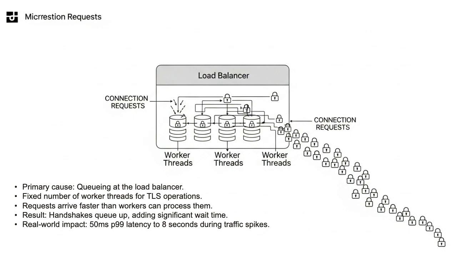When incoming requests for new HTTPS connections arrive faster than these dedicated worker threads can process them, they don't simply get dropped. Instead, they are placed into a waiting line, or a queue. At this point, you're no longer just contending with the inherent cryptographic overhead of each handshake. You're also battling the additional and often significant wait time spent in that saturated queue.